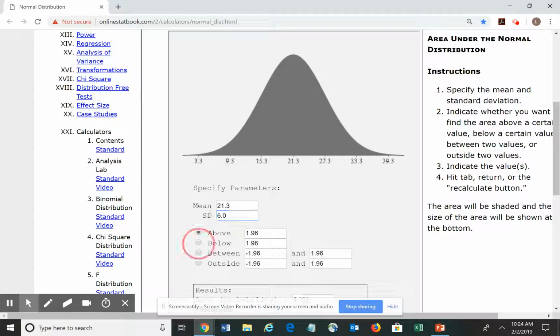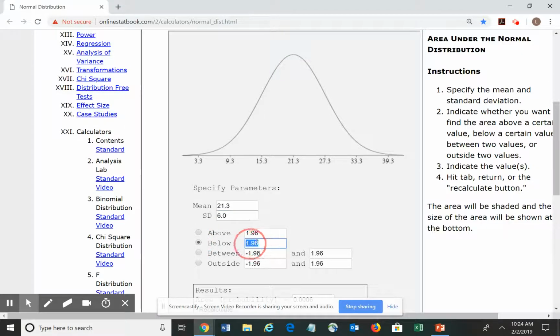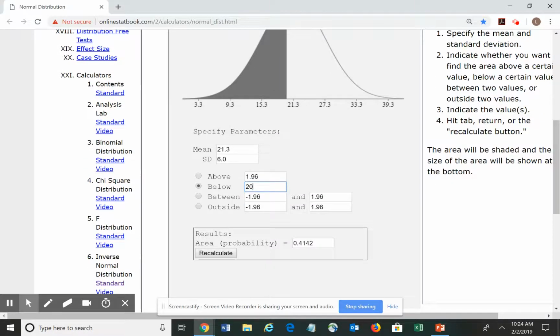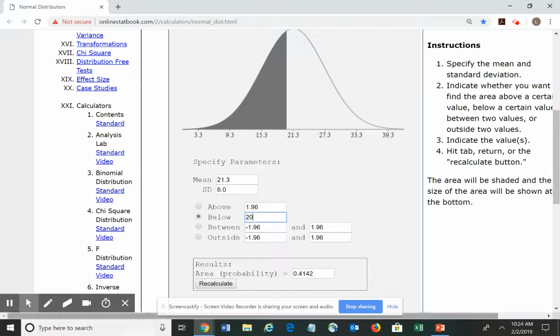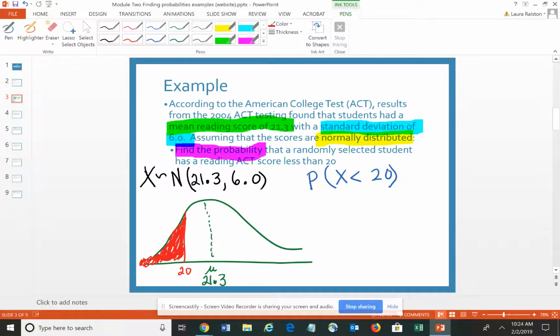So I'm going to check the box next to below. And then I give it the value. I wanted to be less than or below 20. And I hit enter. And when I hit enter, it gives me the value in the results box at the bottom of the screen. So my value is 0.4142.